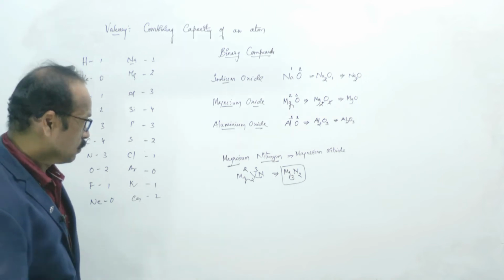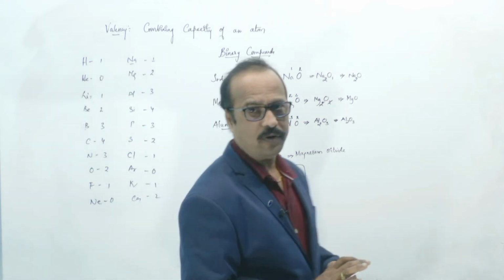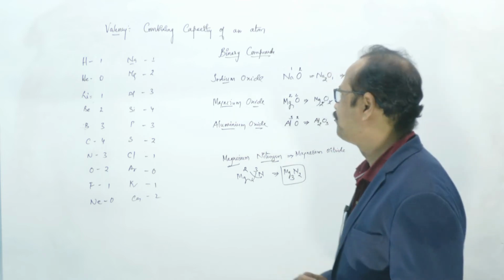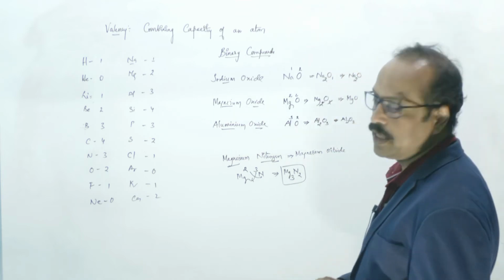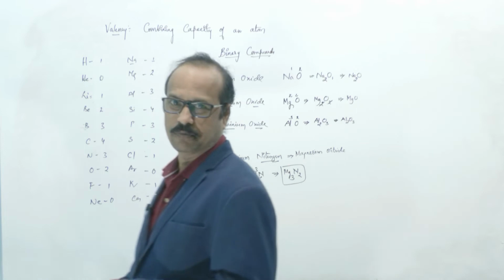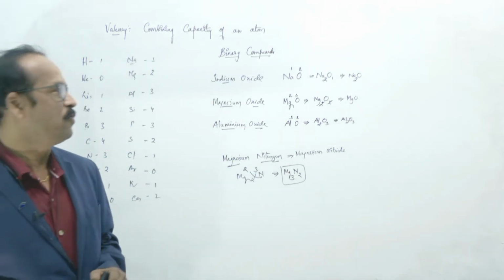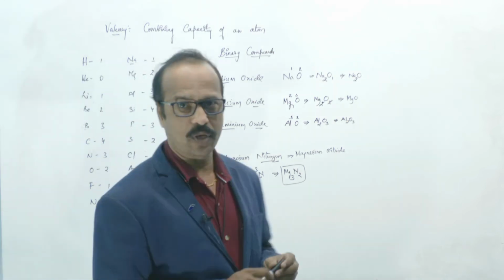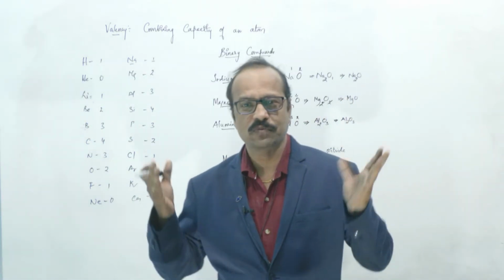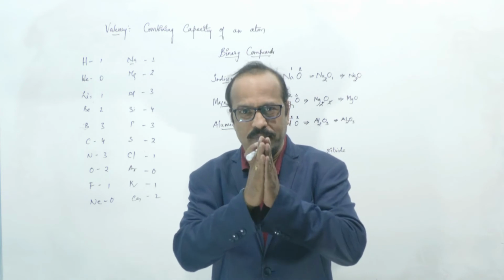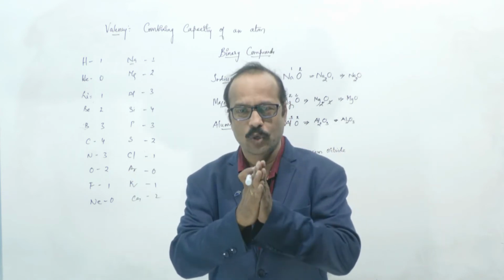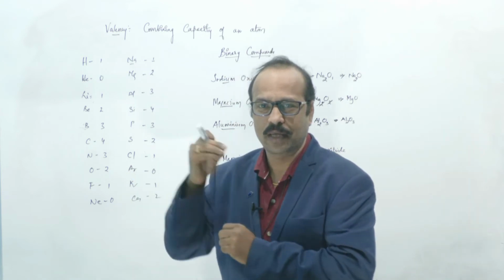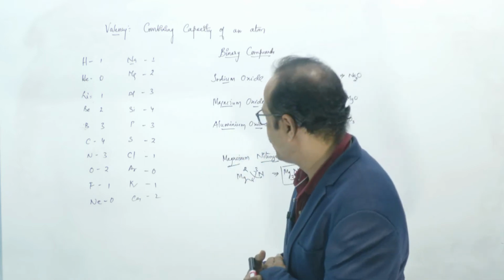Now you stop. Now if you want to write the formula of beryllium chloride. Chalo students, now you write the formula. The compound which is formed from beryllium and chlorine. When beryllium is reacting with chlorine, what name do you call it and what is its formula?